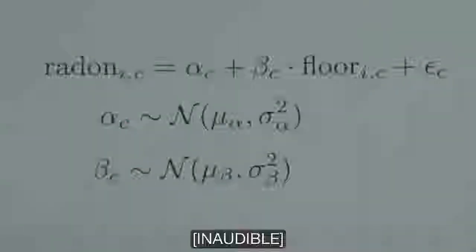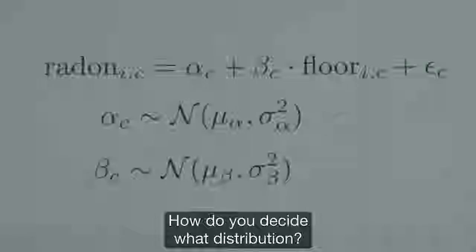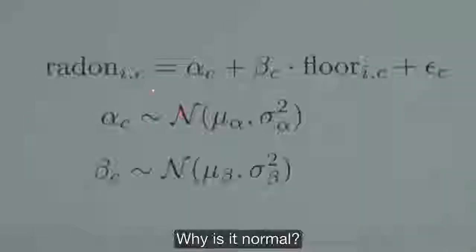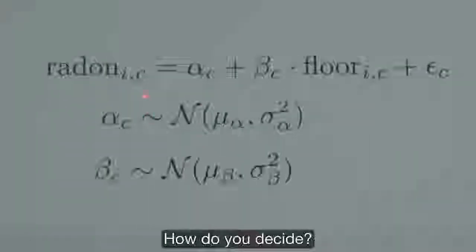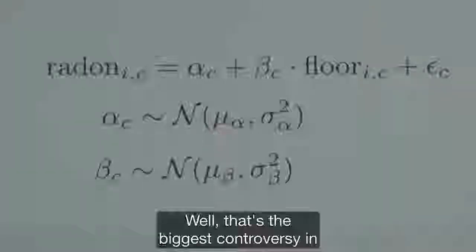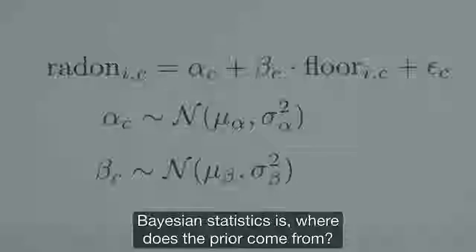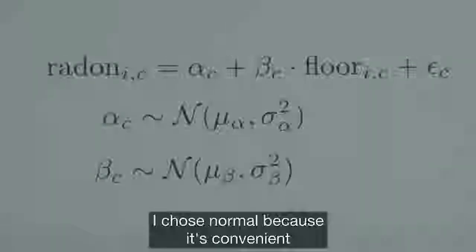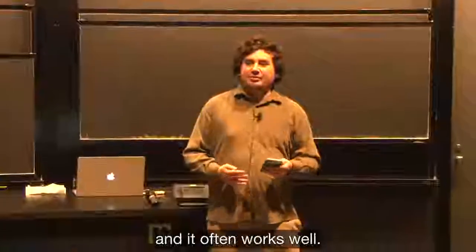Yes? How do you decide what distribution? Like, why is it normal? Yeah. Okay, great question. Well, that's the biggest controversy in Bayesian statistics, is where does the prior come from? I chose normal because it's convenient and it often works well.